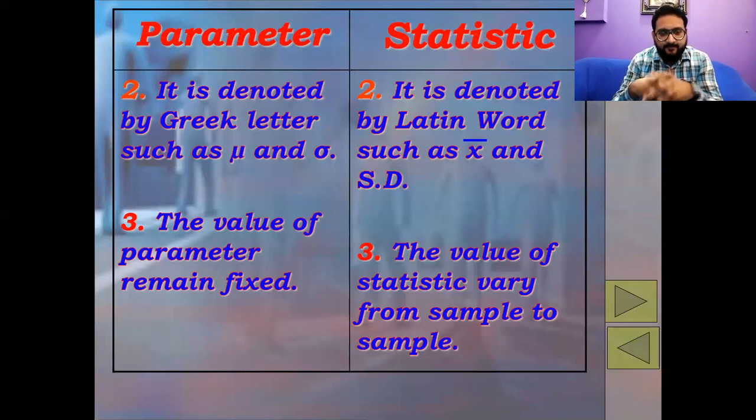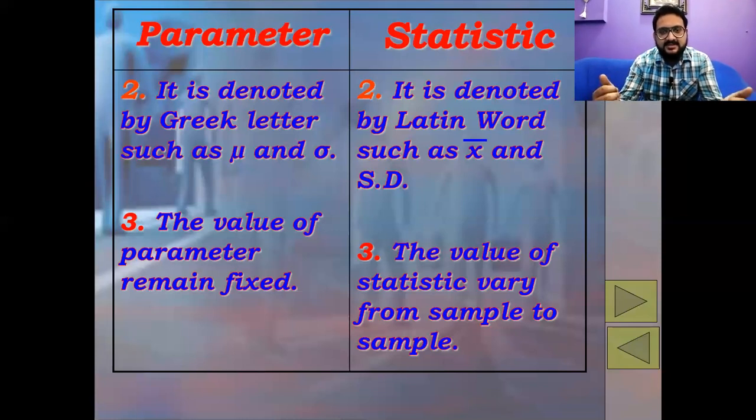Third point: the value of a parameter remains the same. Why does it remain the same? We are talking about some class, and the whole class is the population of that class.